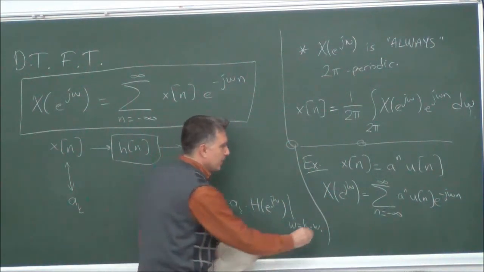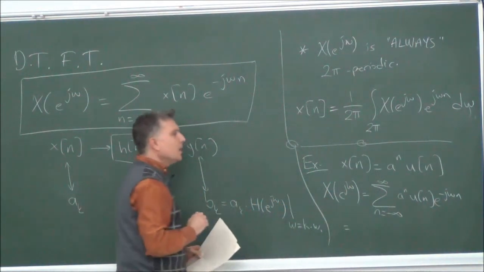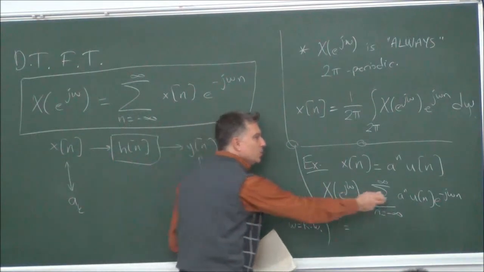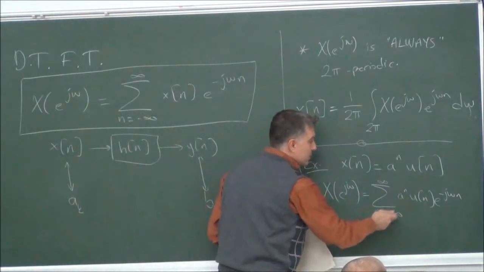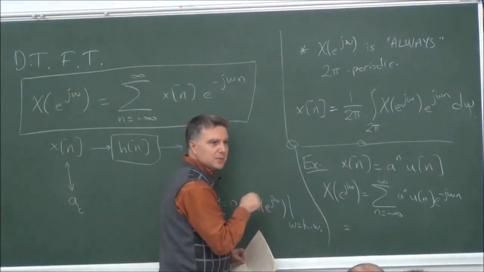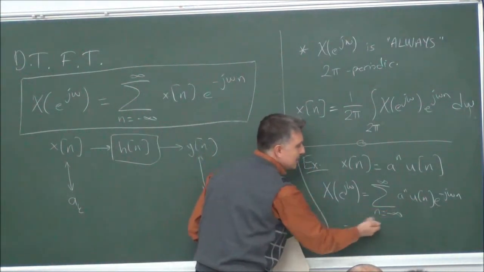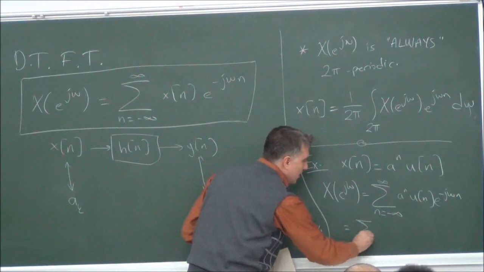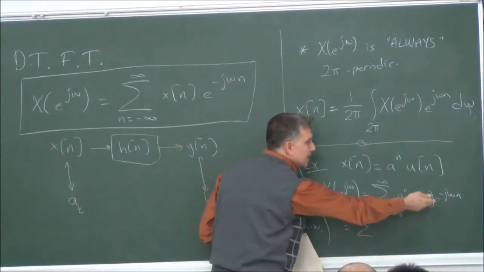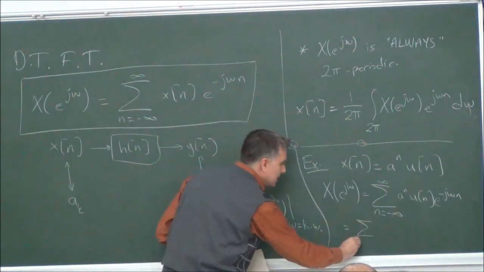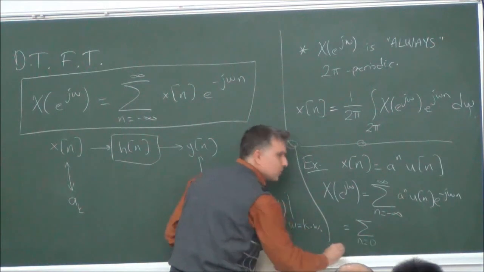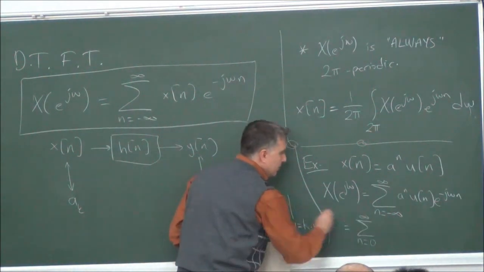All right? Is equal to, because of this u of n, it forces this summation to start from 0, because u of n is 0 for all n numbers less than 0. And for all n greater than 0, u of n is simply 1. So let's start with n equal to 0, go to infinity.